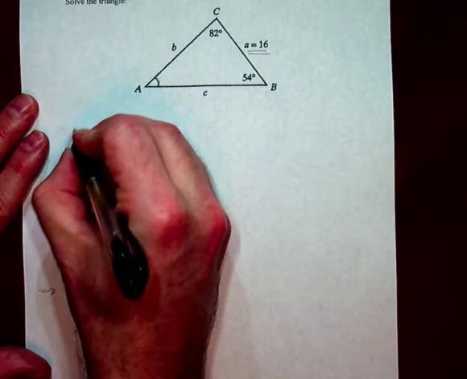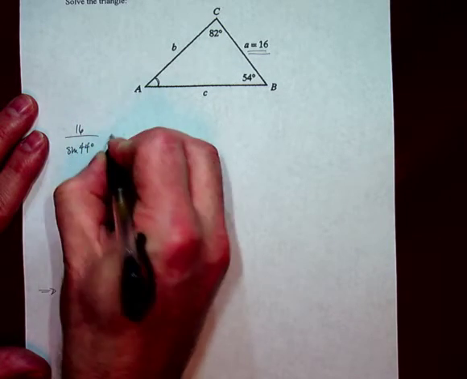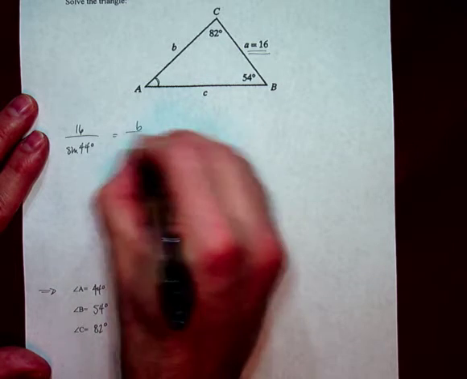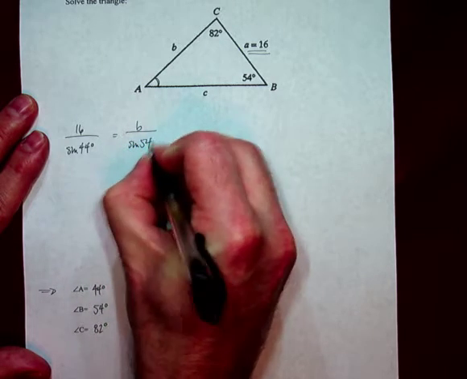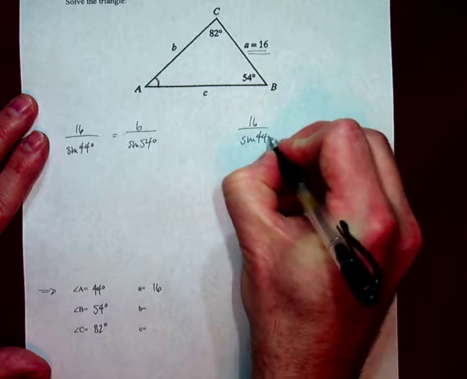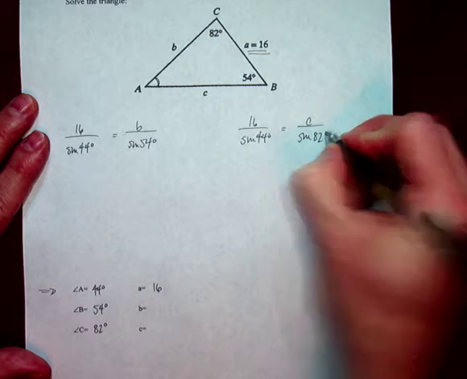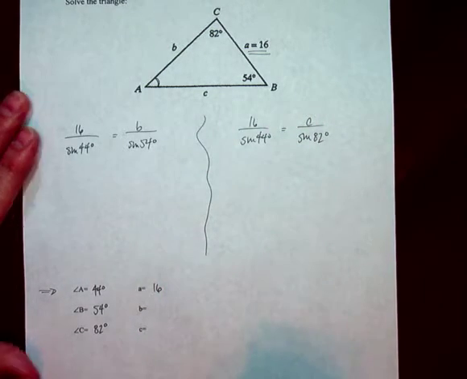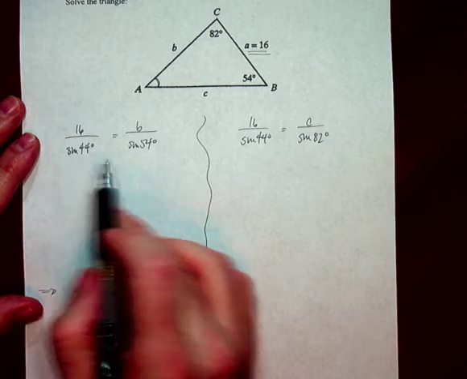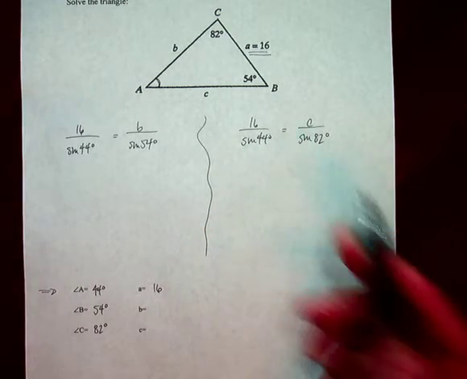So you have 16 over sine of 44 degrees is equal to B over sine of 54 degrees. And you have 16 over sine of 44 degrees is equal to C over sine of 82 degrees. Okay? Like I said, you're going to use the exact value ratio in order to find what's missing.